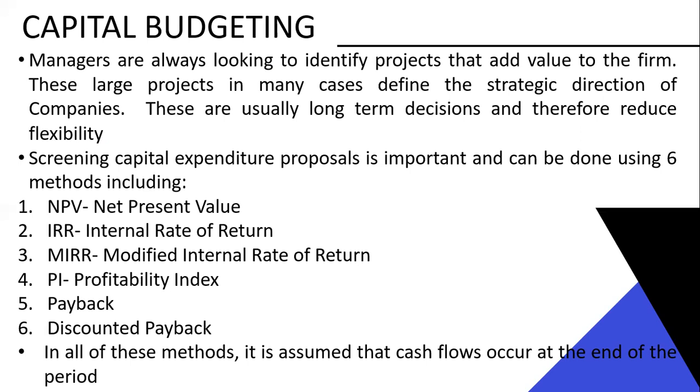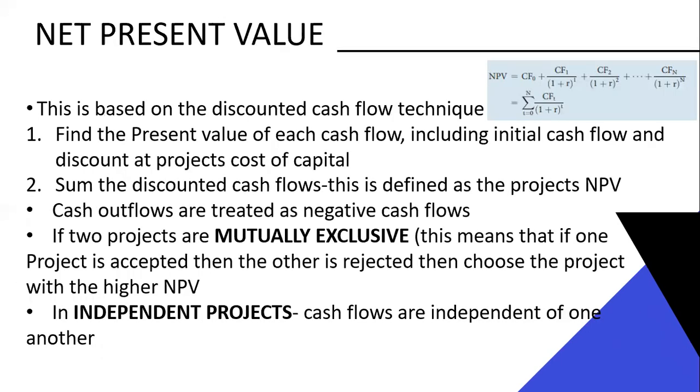These two you've heard about. But there are some new ones, such as the modified internal rate of return, the profitability index, payback, and discounted payback. One thing to mention is that in all of these methods, it is assumed that cash flows occur at the end of any period.